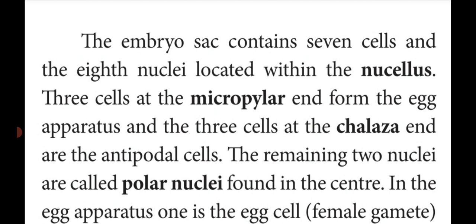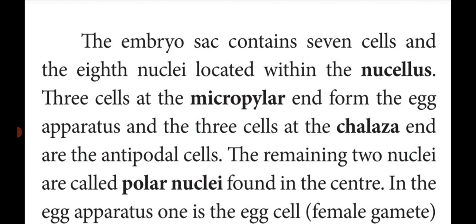The egg apparatus consists of 1 egg, with synergids on either side. So the 3 cells located at the micropylar end are named the egg apparatus.